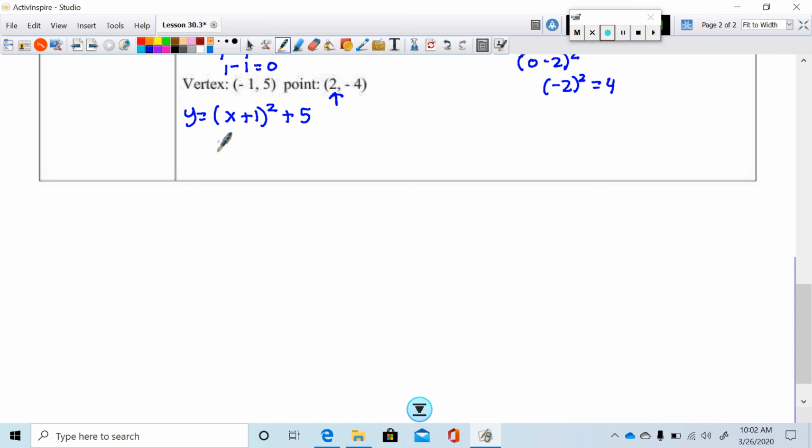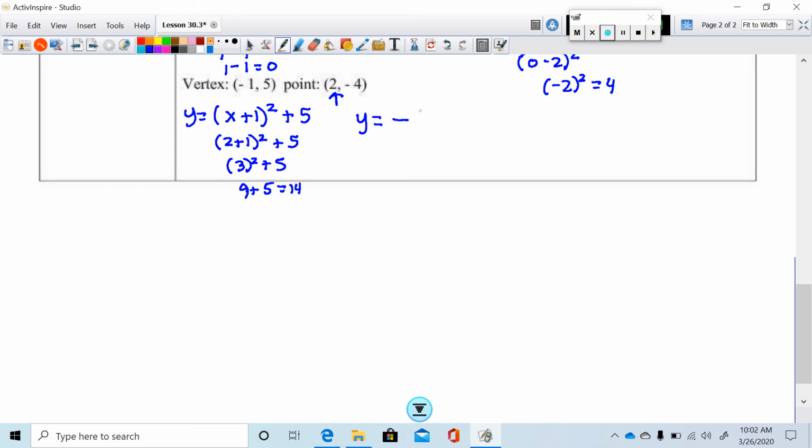So 2 plus 1 squared plus 5, that's 3 squared plus 5, 9 plus 5 equals 14, but I wanted a negative 4. So that tells me that this equation will not work, but I do know that this is the vertex.